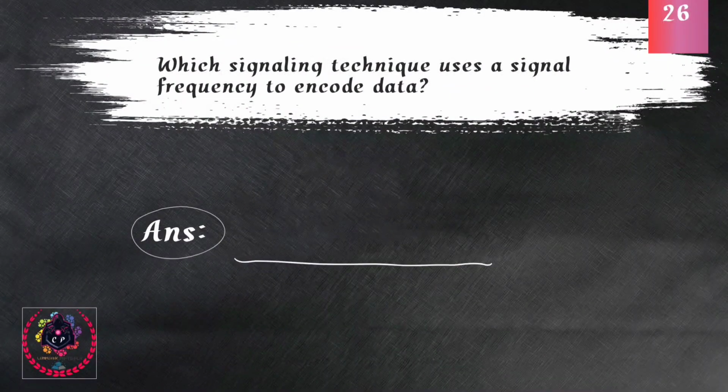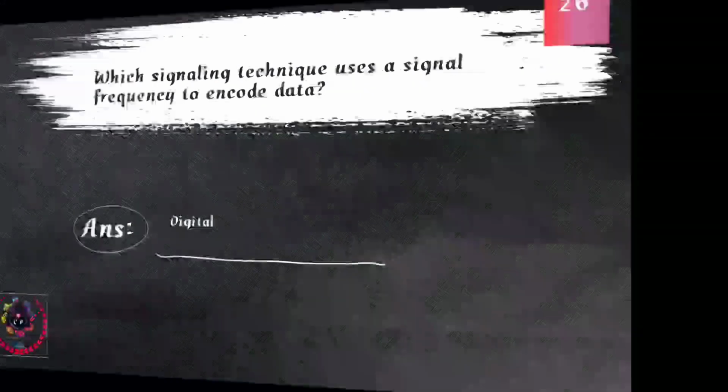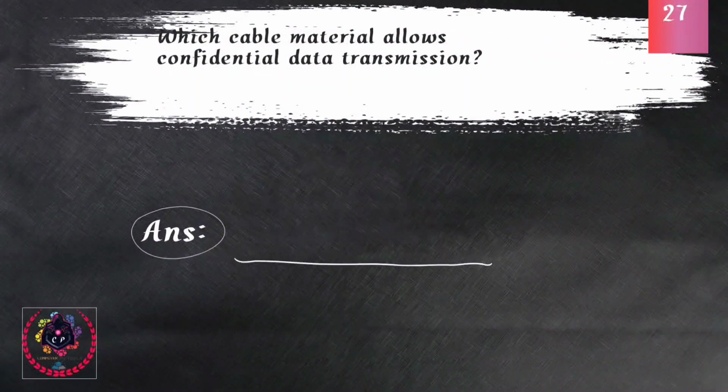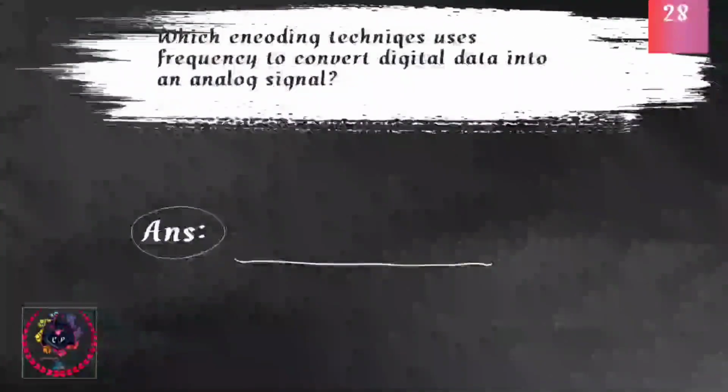Answer: 6 bytes. Which signaling technique uses a signal frequency to encode data? Digital. Which cable material allows confidential data transmission? Fiber.